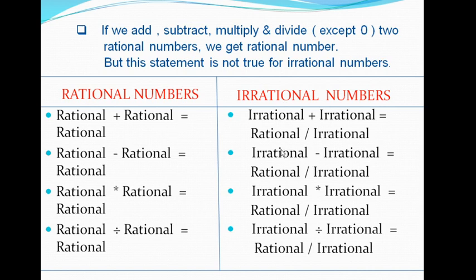So let's look at examples to better understand this property of irrational numbers. Here it is the addition operation. This is a rational number and this is also a rational number, and the result is 2, which is a rational number. Here the same addition is there. This is an irrational number, this is an irrational number, and the result is also an irrational number.